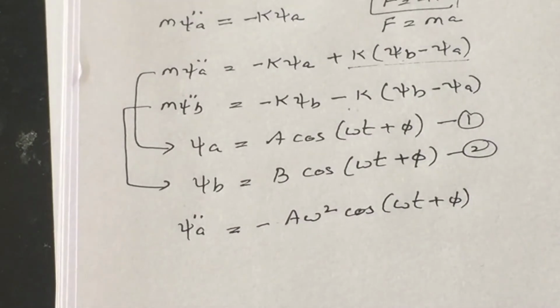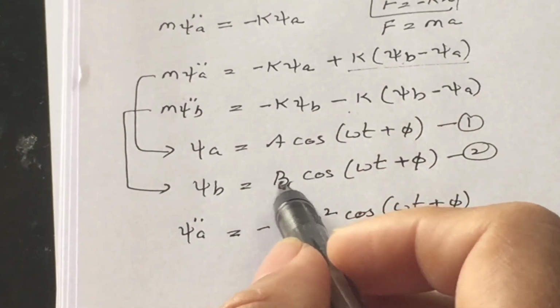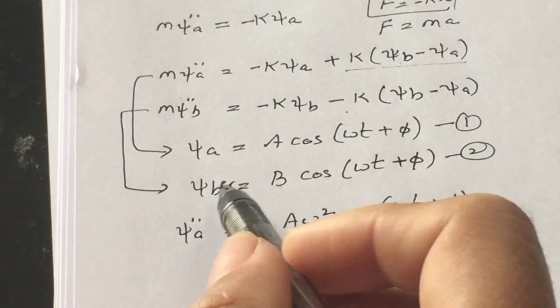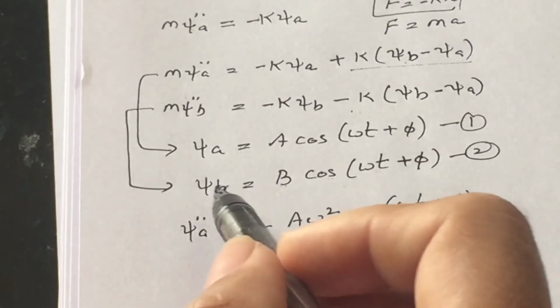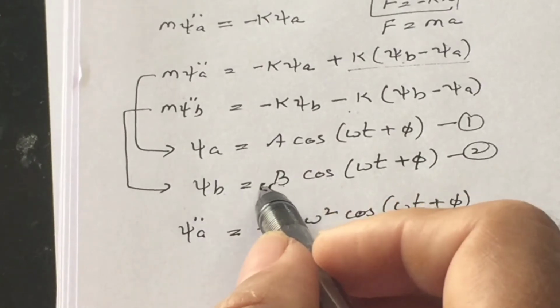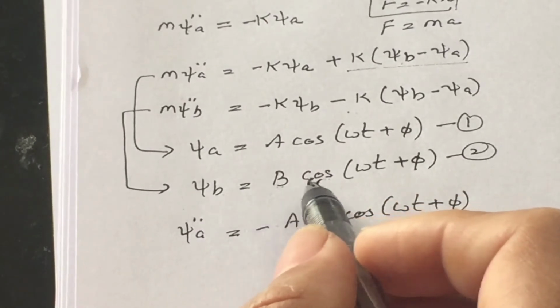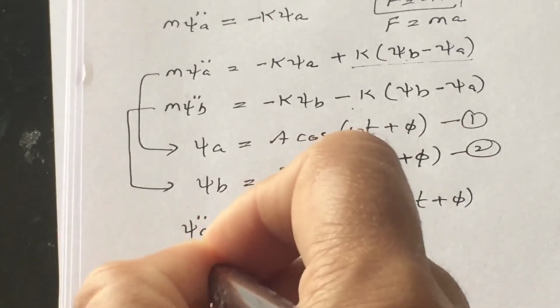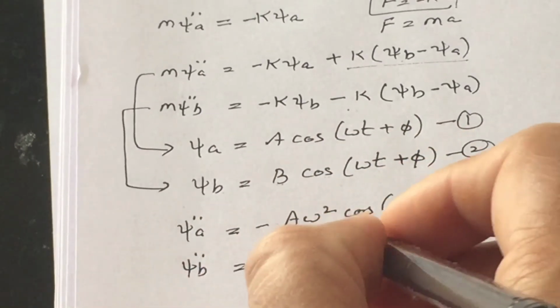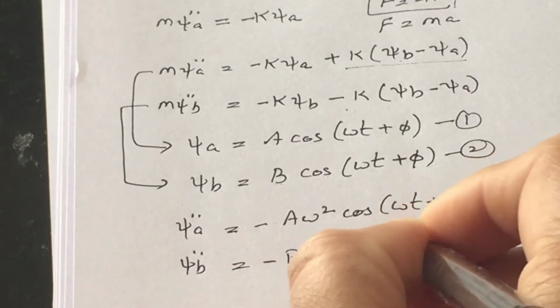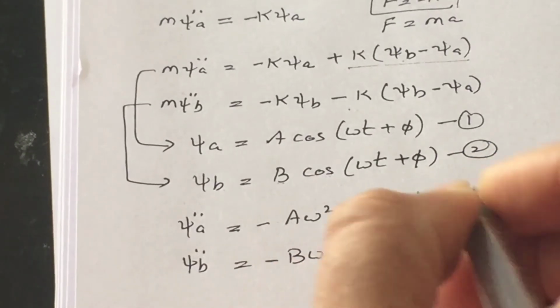Similarly, psi b will be b cos omega t plus phi. Psi b dot is equal to minus b omega sine omega t plus phi, and psi b double dot is equal to minus b omega square cos omega t plus phi.